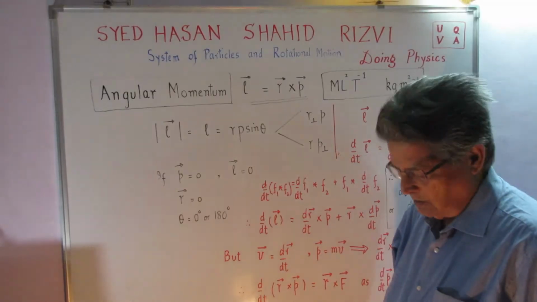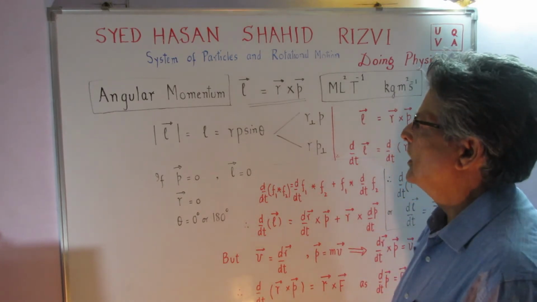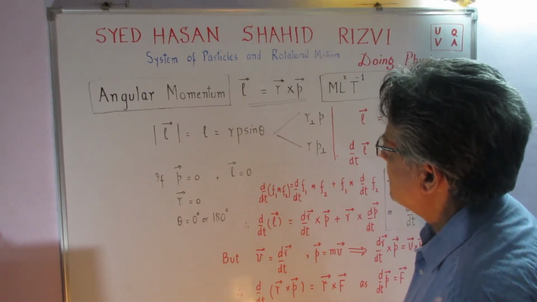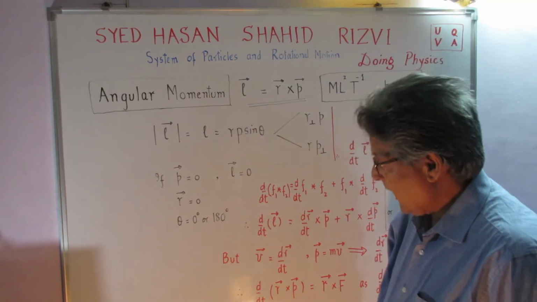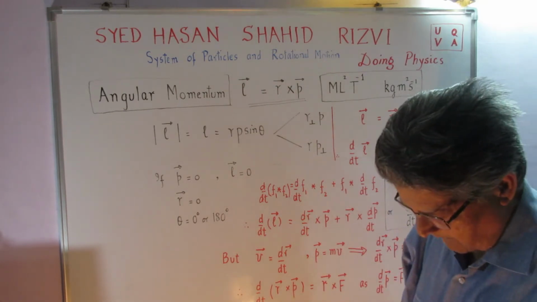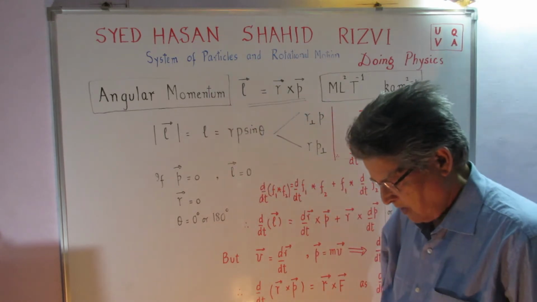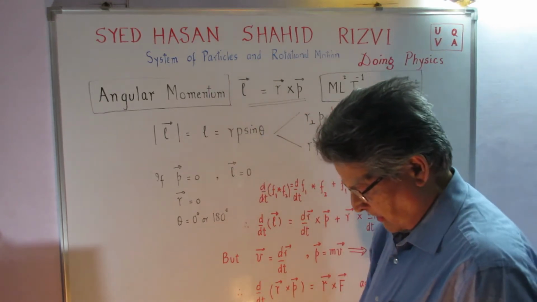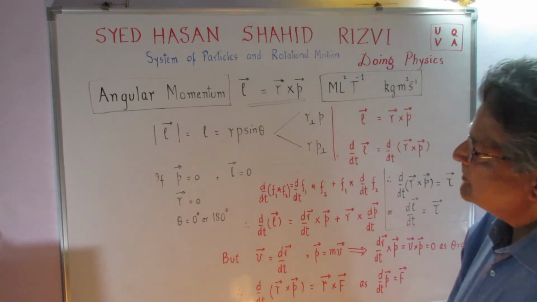Okay, now we define another beautiful concept, an attribute of this motion, and it is just like momentum, what we have in linear motion, in translatory motion.